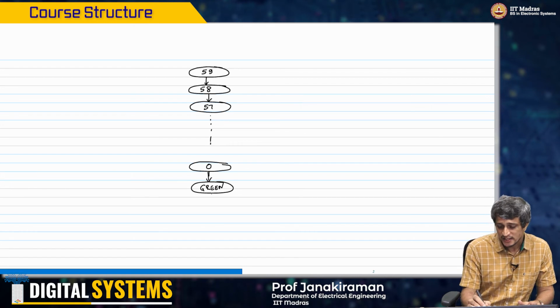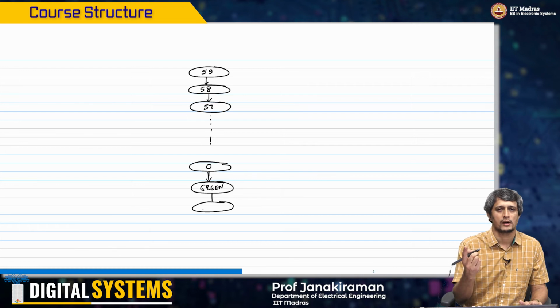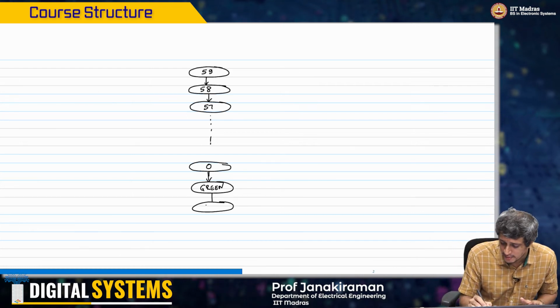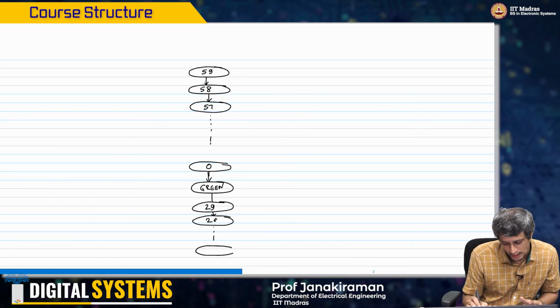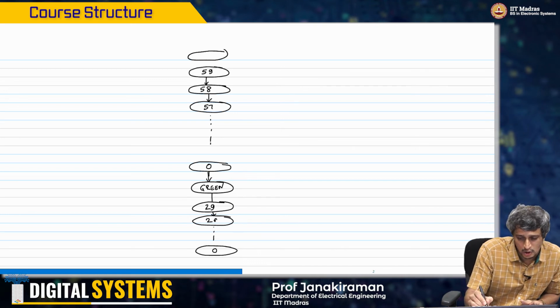And then this enters another counter of how many seconds it will remain green. This may remain green for 30 seconds, so 29, 28, like that it will go, come back to 0, and then let's call this red.